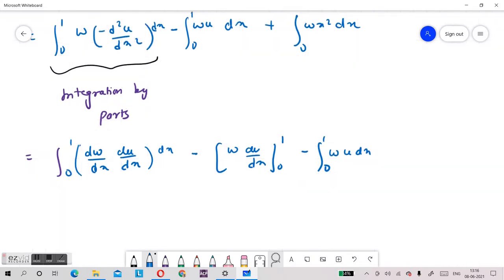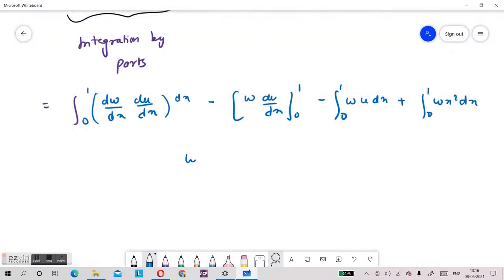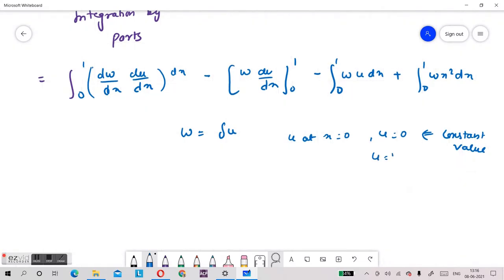Okay, so what is w here? w is the change in u, and u at x equals to 0 is 0, so it is a constant value. If it is 0 or some constant value, then w equals to 0. So w at x equals to 0 will become 0.